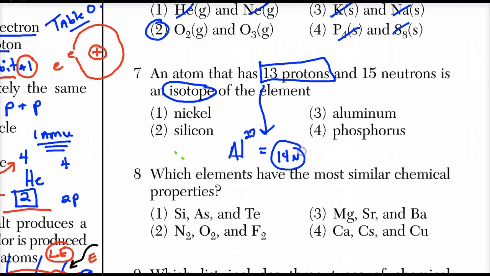That's the most abundant. Man, they're talking about another isotope that has 13 protons, which makes this aluminum, okay? And of course, 15 neutrons is a different isotope. Again, I'm over teaching, but I just want to show you all different ways they could be talking about this problem. Aluminum is the answer. 7 is 3.